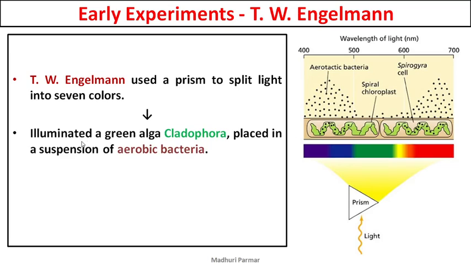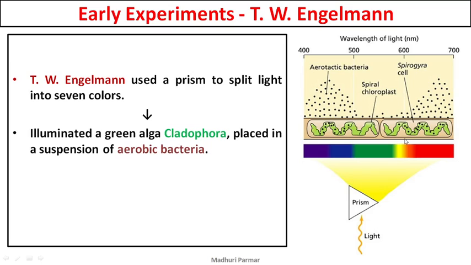He illuminated a green algae called Cladophora and placed a suspension of aerobic bacteria. So what he did was, in his setup, just for your information, this is your light, this is the prism, which is splitting the white light into these 7 colors, and this is his experimental setup. In this glass jar or glass box, whatever you call it, he placed Cladophora.